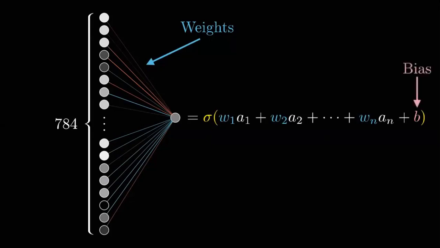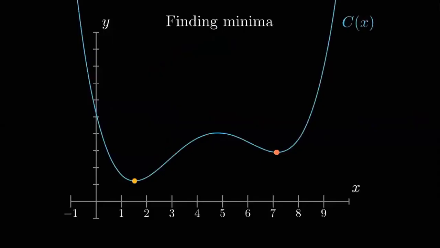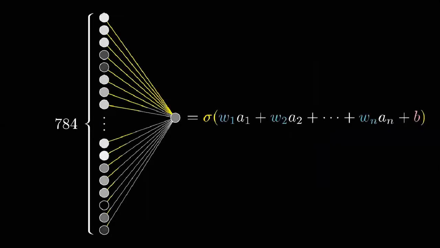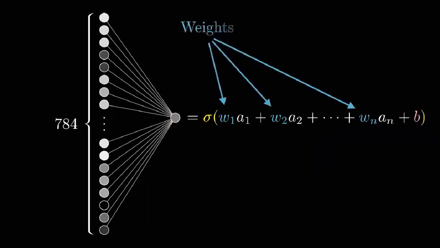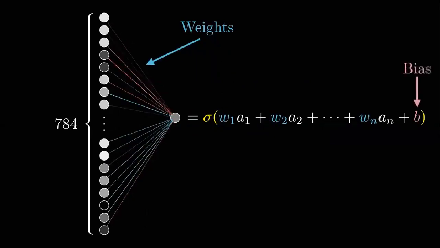The bias is some indication of whether that neuron tends to be active or inactive. Remember, conceptually, we're thinking of each neuron as being connected to all of the neurons in the previous layer, and the weights in the weighted sum defining its activation are kind of like the strengths of those connections. The bias is some indication of whether that neuron tends to be active or inactive.